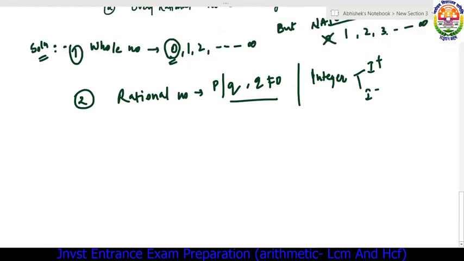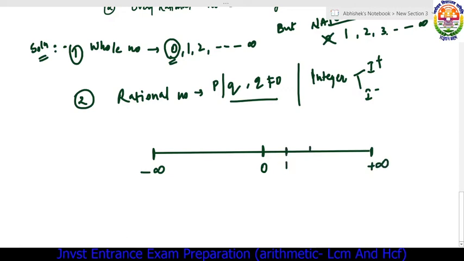Let's take an example, a number line. If I write 0, there is negative infinity on one side and positive infinity on the other. I write 1, 2, 3, 4 here, and here are also -1, -2, -3 and -4.